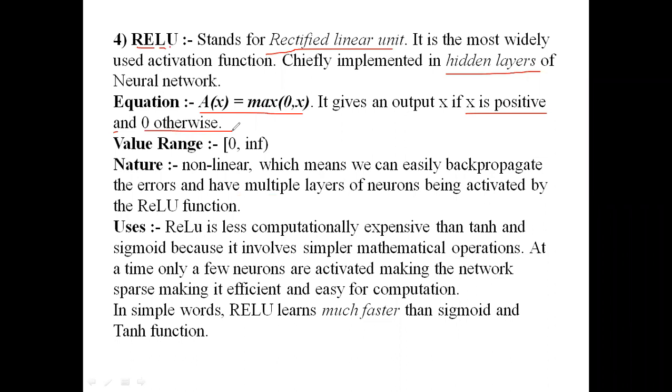If you supply 0 or negative values to this function, you get 0 as output, isn't it? The value ranges from 0 to infinity. We can supply x values 1, 2, 3, 4, up to infinity. If it is positive, then it gives the result; otherwise it returns 0.